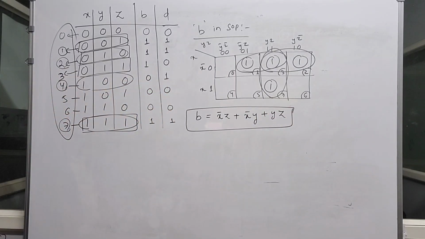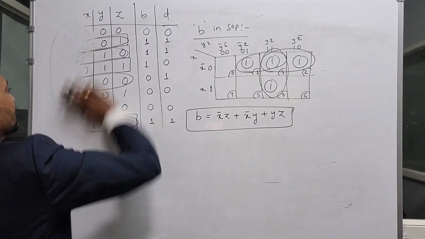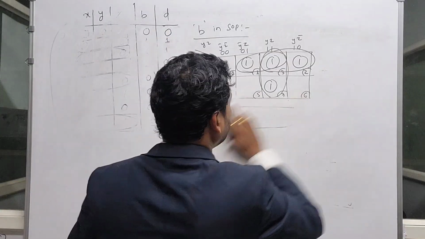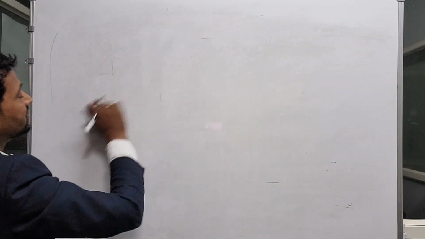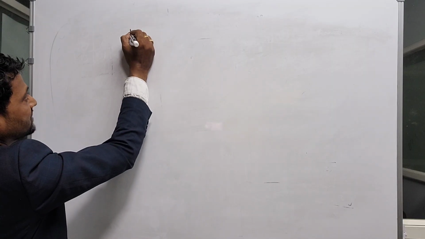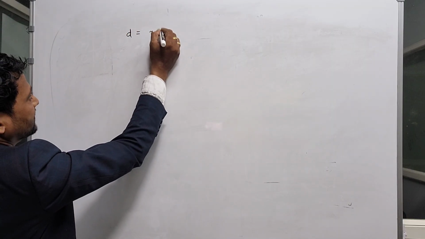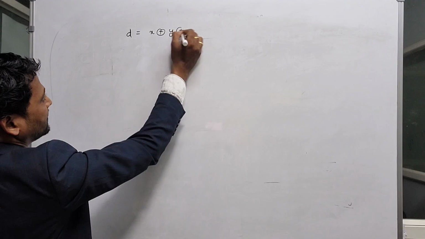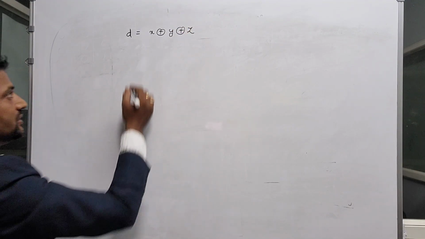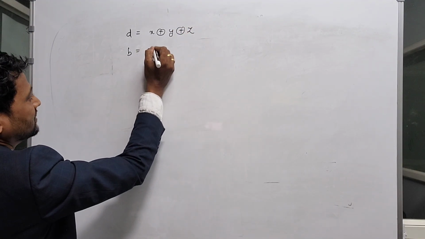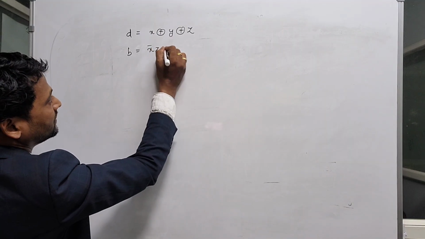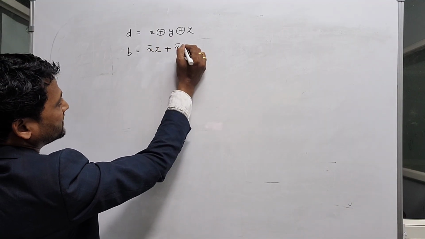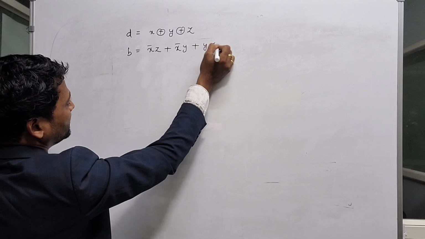Okay. So looking from that equation, we'll design that circuit. So we got difference as x XOR with y XOR z. Okay. And borrow as x bar z plus x bar y plus yz.